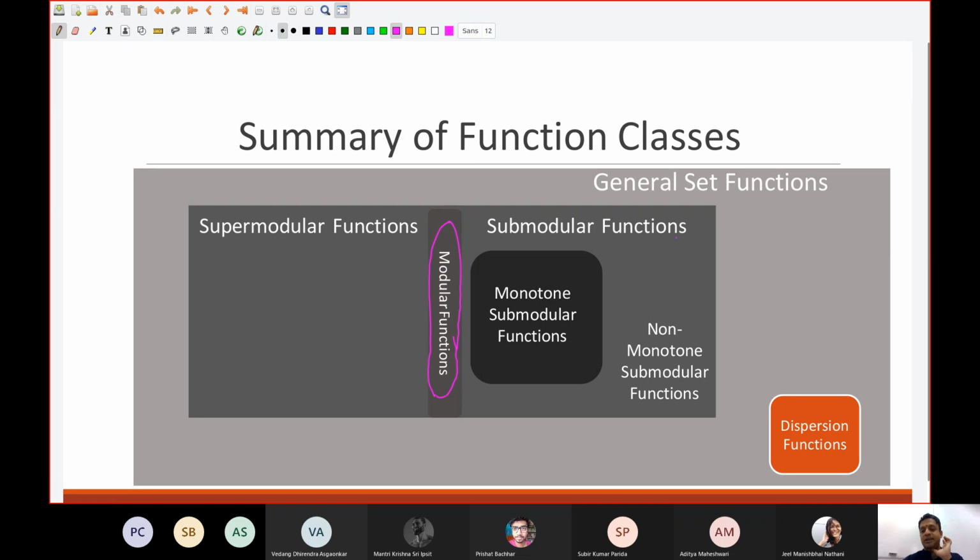There's disparity min, disparity sum. Both of these are dispersion functions, which are not submodular functions. They kind of have nice properties like submodular functions. You'll see that.